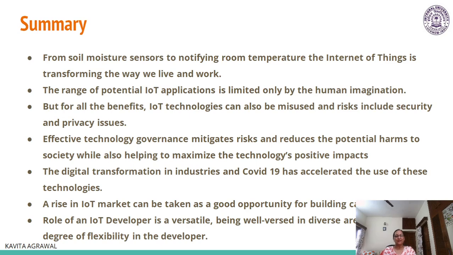But for all the benefits, IoT technologies can also be misused, and the risks include security and privacy issues. Effective technology governance mitigates risks and reduces the potential harm to society while also helping to maximize the technology's positive impacts. The digital transformation in industries and COVID-19 has accelerated the use of these technologies.